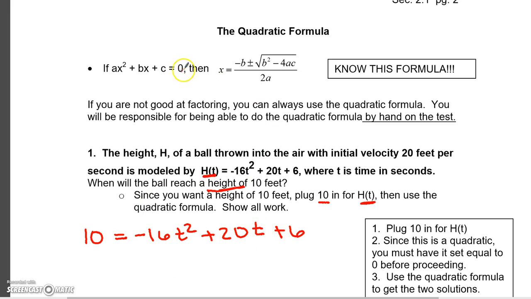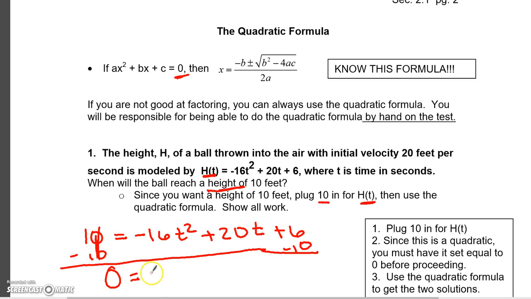Now, we can't do this until we equal 0. So we're going to minus 10 and minus 10 here. That went away to give us 0. Now we have negative 16t squared plus 20t minus 4.